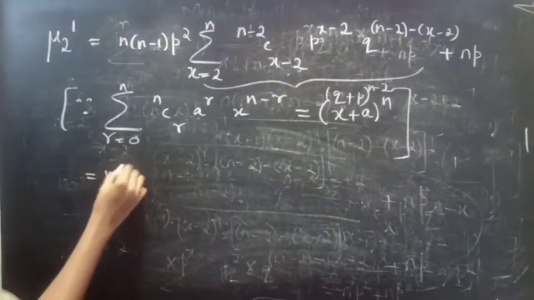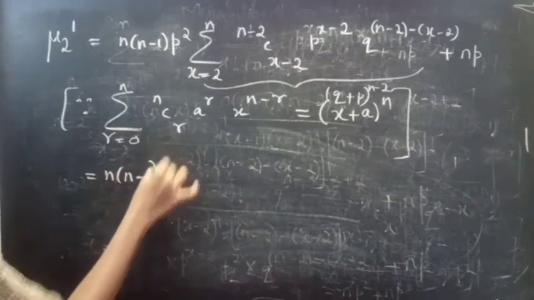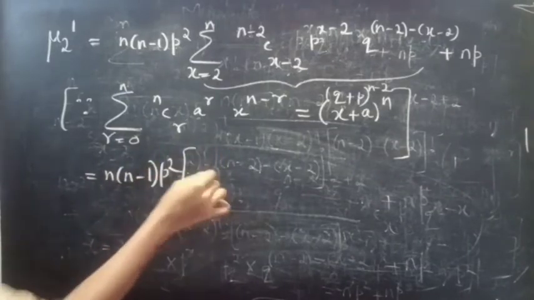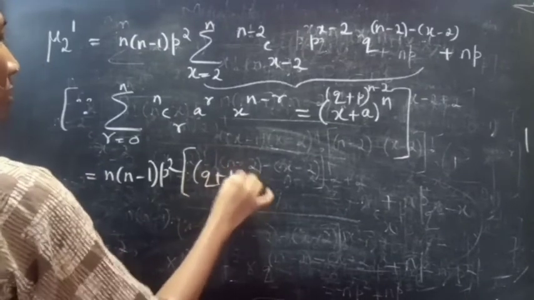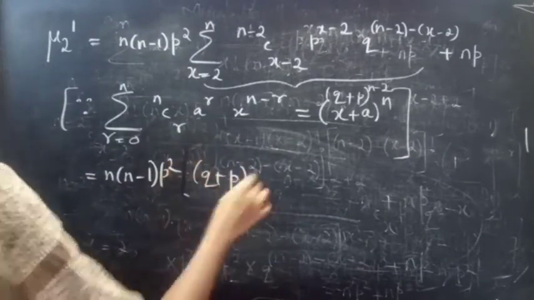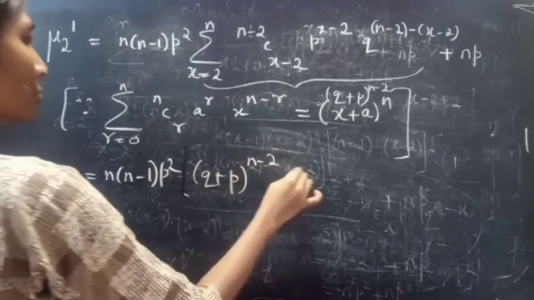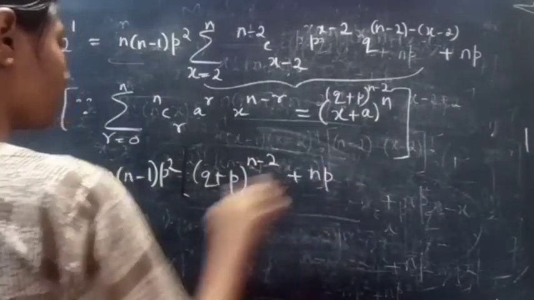So this equals n into n minus 1 into p square into q plus p whole power n minus 2 plus np.